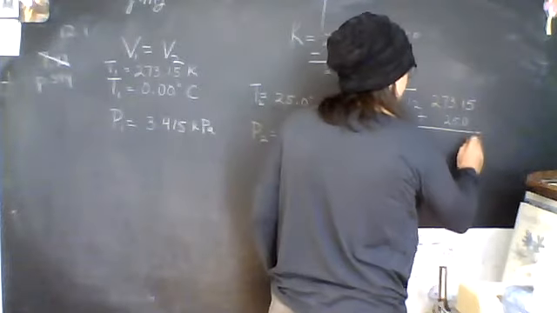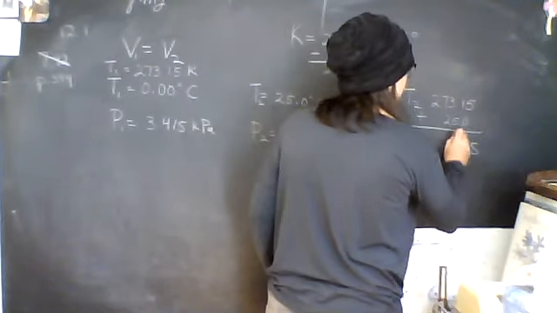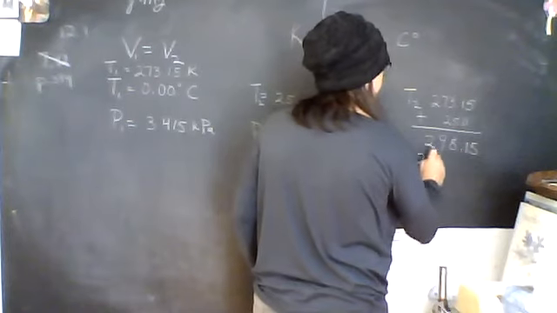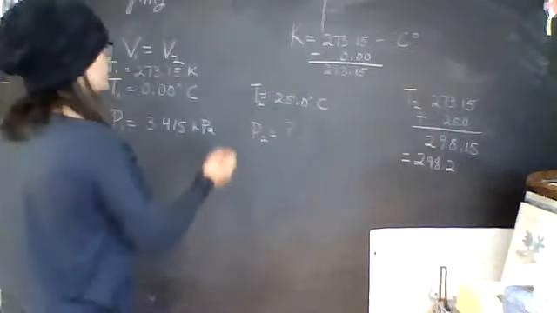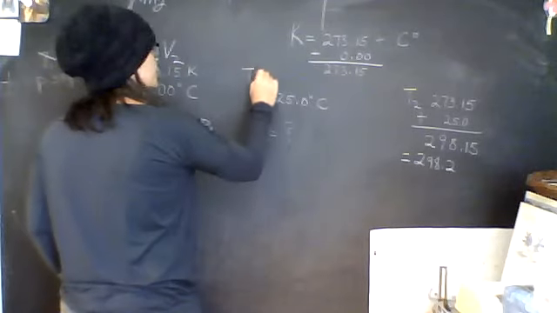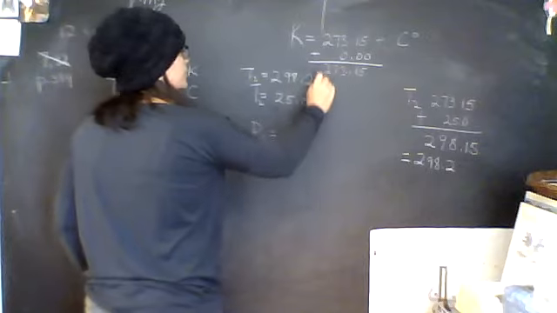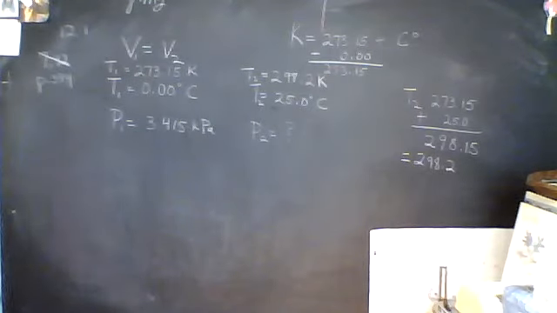So that's 298.2 Kelvin, since it's 1.5, we change it to 2. So temperature 2 is going to be equal to 298.2 Kelvin.